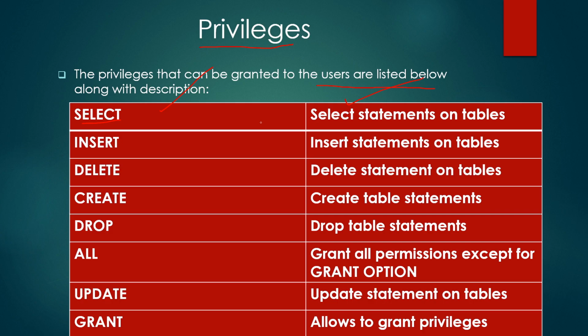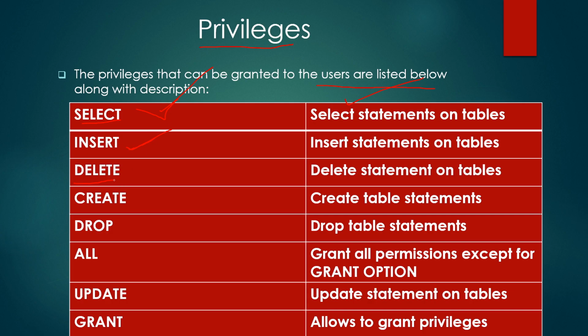I know we haven't studied them, but I will give you a short introduction about these statements. Select statements are used to fetch data. Whenever you want to select or fetch some data from the table, you make use of the select statement. Second is insert. If you want to insert some data into the table, you make use of the insert statement.